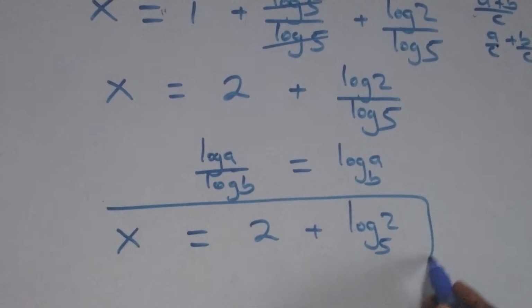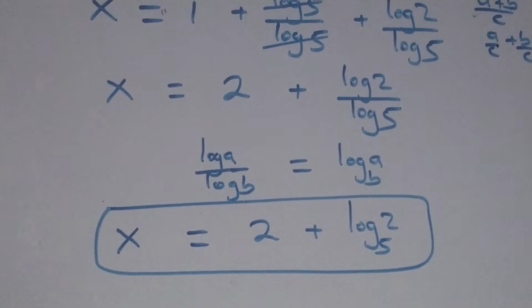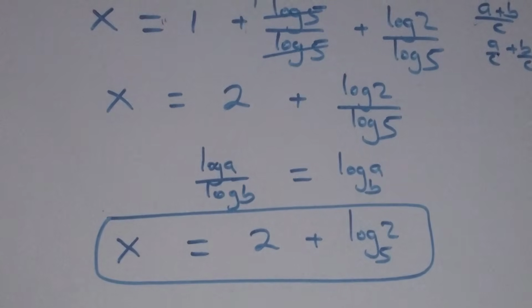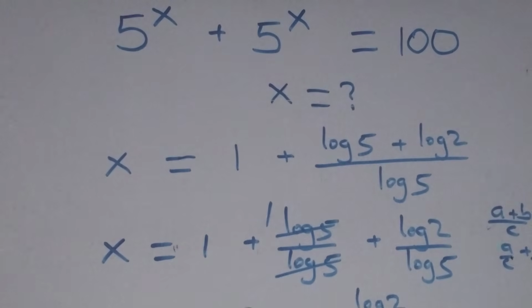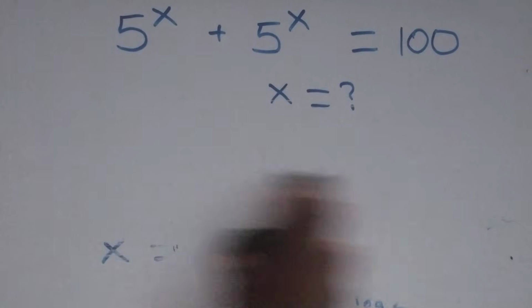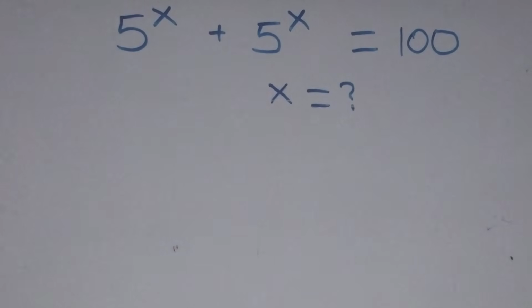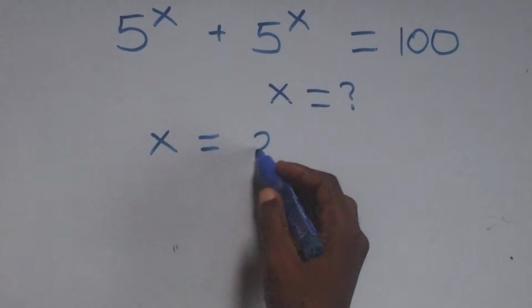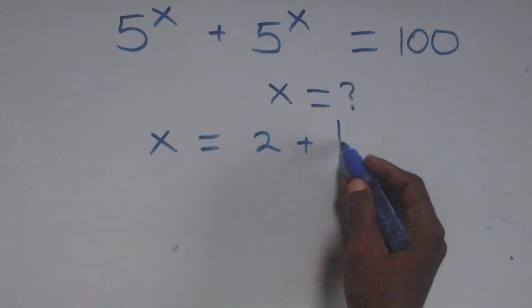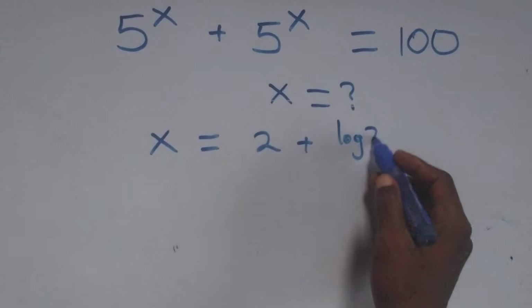We have the value of x in this problem in terms of logarithm. Let's check if this satisfies the given problem. We substitute the value of x, which is x equals 2 plus log 2 base 5.